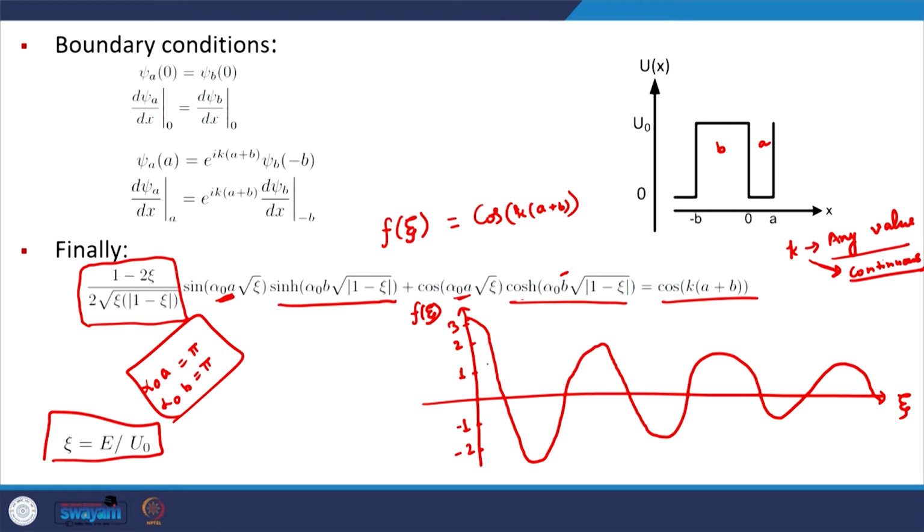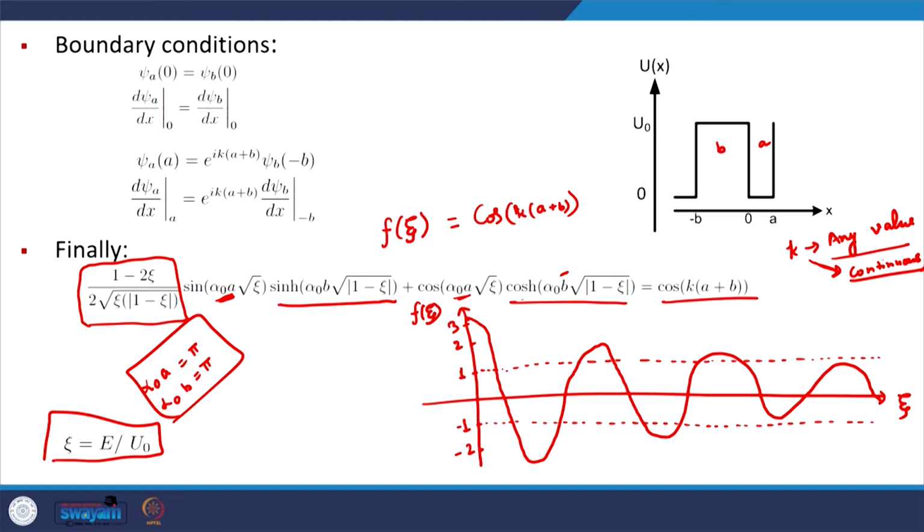So, what I mean is that for those values of xi for which this LHS function is between +1 and -1, we will have a valid k value, because the right hand side function can only take values between +1 and -1. It can only go from +1 to -1.